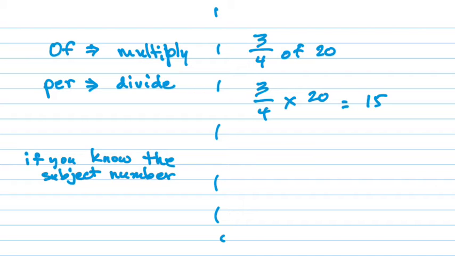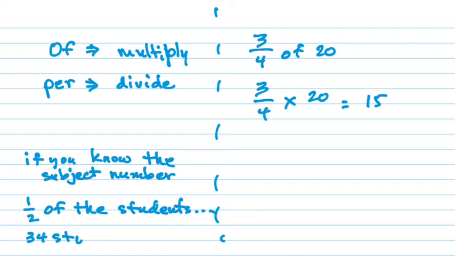So let's say I have 1/2 of the students, blah, blah, blah. Who cares? Okay? Sentence. And there are 34 students. Here's your word "of," right? And what is the subject of that "of"?